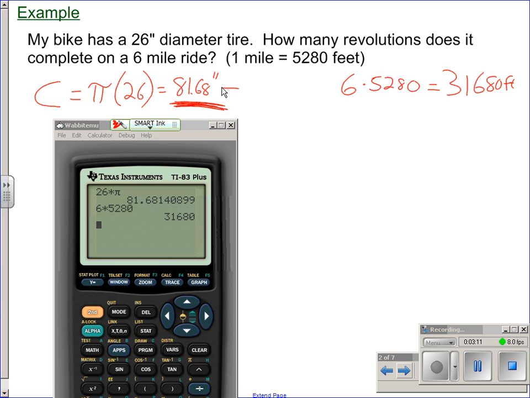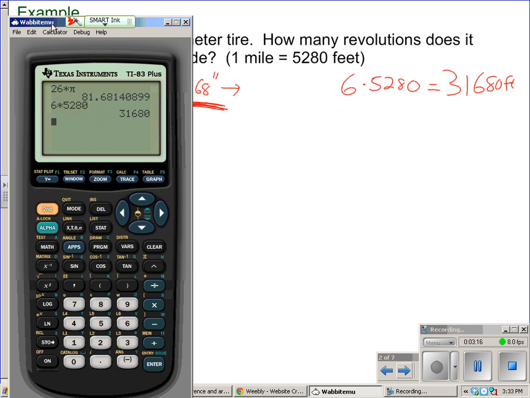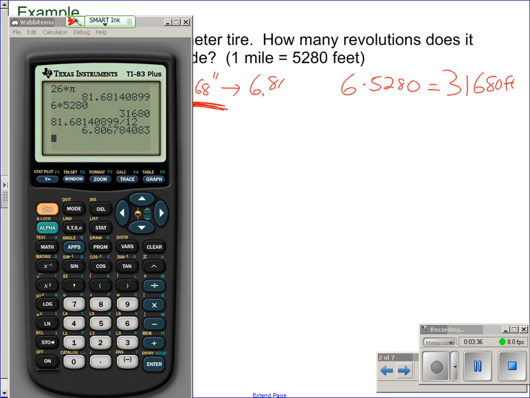So I'm going to convert that to feet. I'm going to take my last answer, 81.68140899, and divide it by 12. Every time that tire rotates, it goes 6.8067 feet.